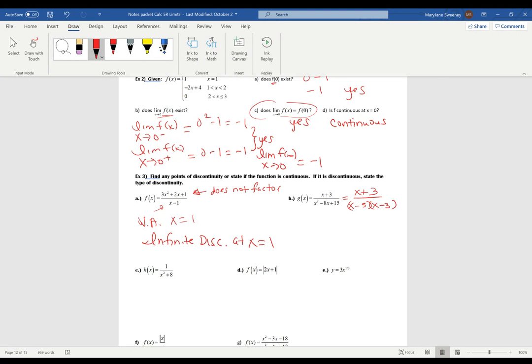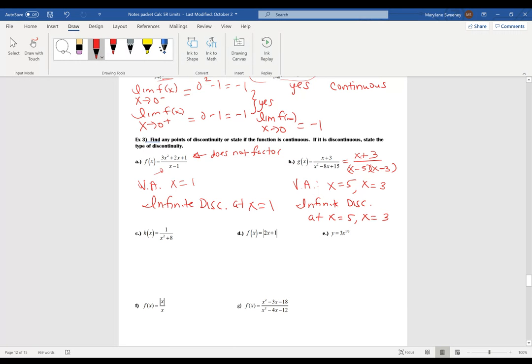There's no common factor on top and bottom, so we still do not have a hole. But we have two vertical asymptotes here. We have a vertical asymptote at x equals 5 and at x equals 3, because those both make the denominator 0. So again, that's called infinite discontinuity at x equals 5 and at x equals 3.